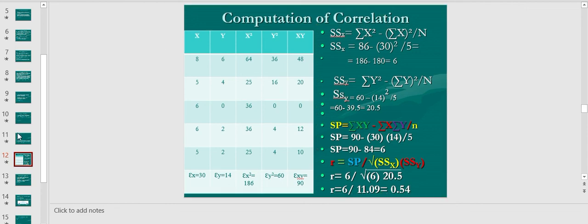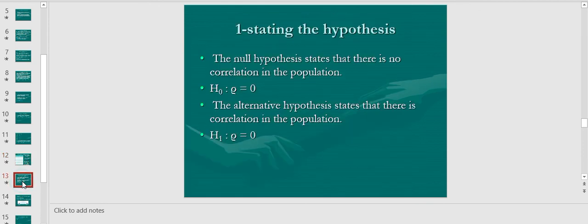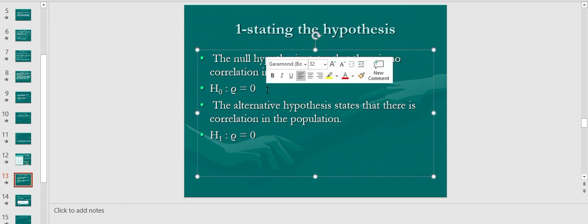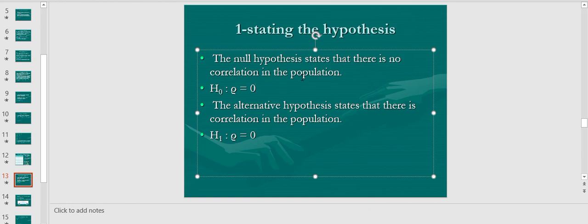Now we will proceed towards the steps of the hypothesis testing. The first step is stating the hypothesis. We have already discussed the null hypothesis and the alternative hypothesis for the correlation, testing the hypothesis with respect to the correlation in the population.